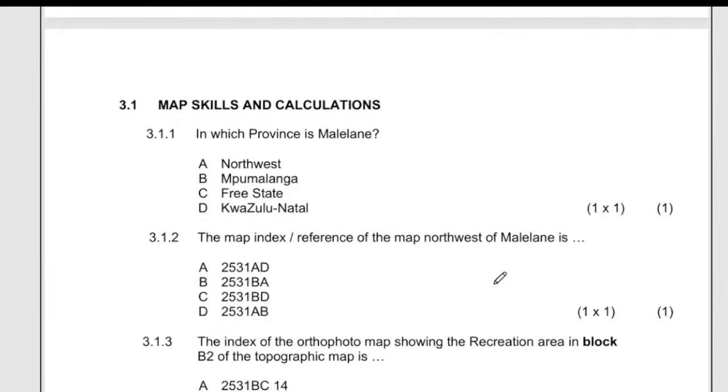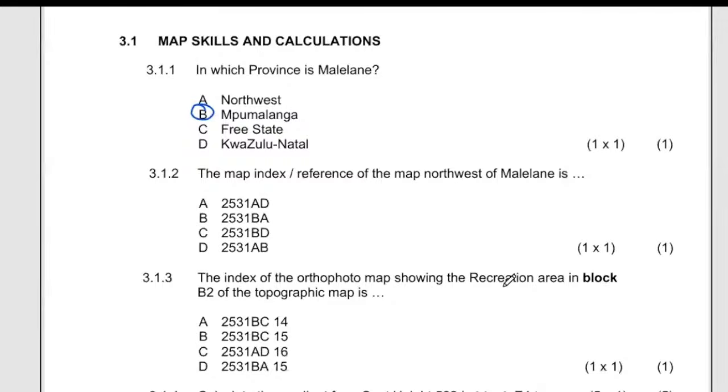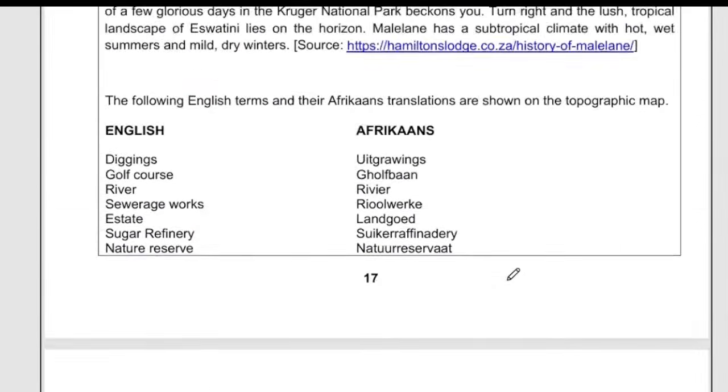The first question is asking, in which province is Malelane? According to the map information, this is a location in Mpumalanga province. Then it says the map index or reference of the map northwest of Malelane is. We want to find the map index of a map which is to the northwest of our map in question.